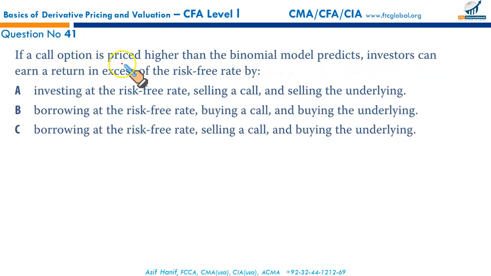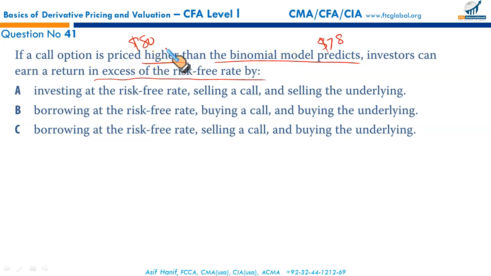If a call option is priced higher than the binomial model predicts, call option is priced at 80, whereas the binomial model predicts it to be 78. What will an investor do? The investor will simply sell a call. He will sell a call at a higher price because the option price is higher than the binomial model prediction.